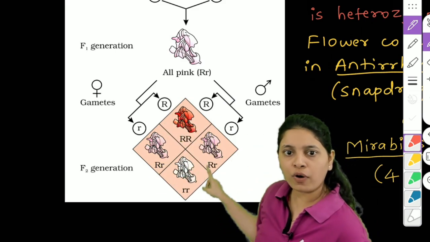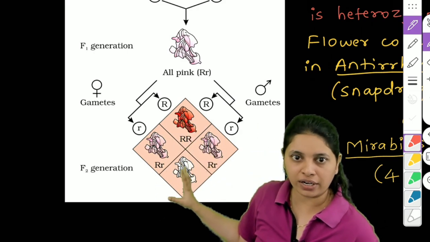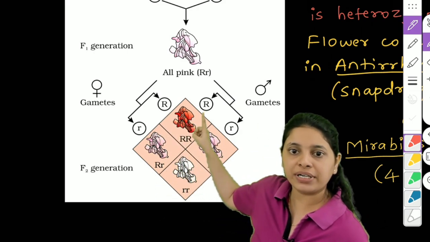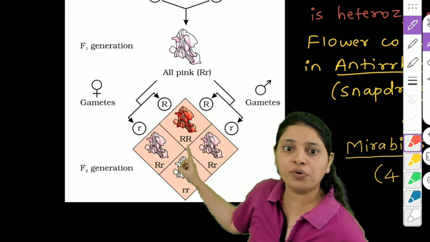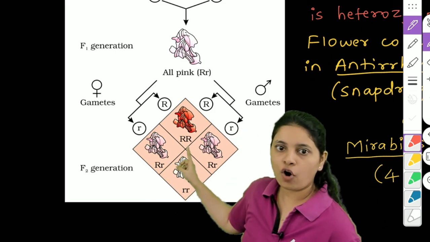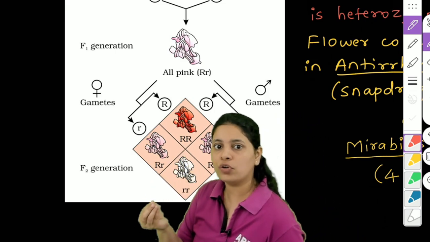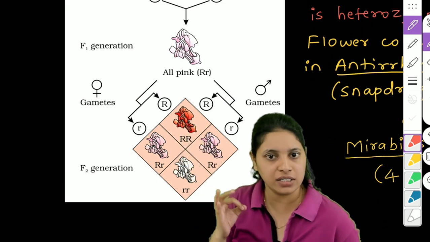So all the possible combinations of offspring are shown in this Punnett square. So if capital R and this capital R fuse, these two gametes, then we will get the offspring with genotype capital R capital R, and as we know, both the copies are the same and capital R codes for red color. We see the plant produced here will have red color flowers.